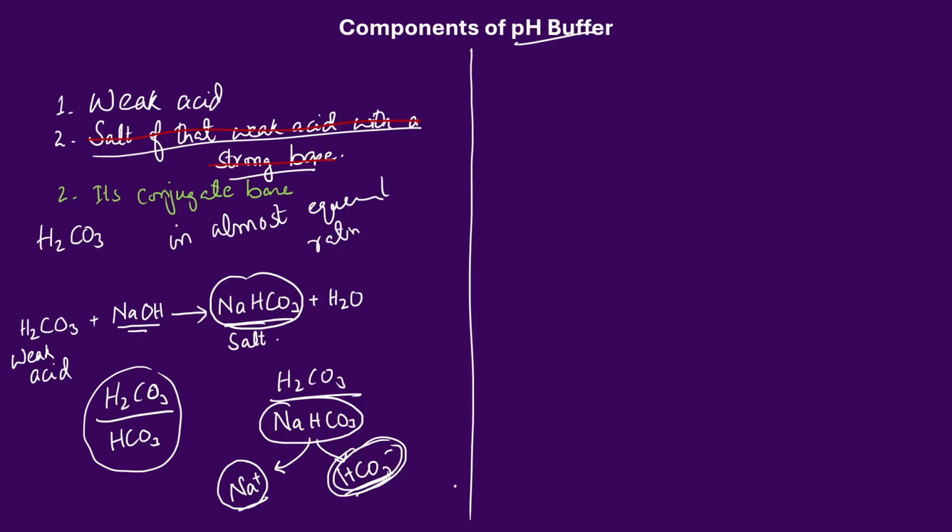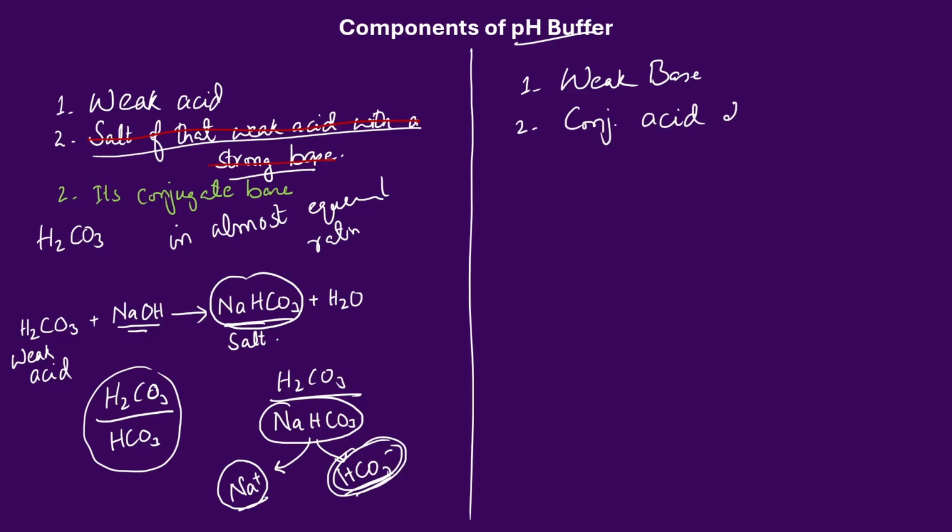Then we have another type of buffer which I did not discuss much, but it also works in a very similar fashion, and this is less common in our body. We have only one example. The other type consists of a weak base and the conjugate acid of that weak base.